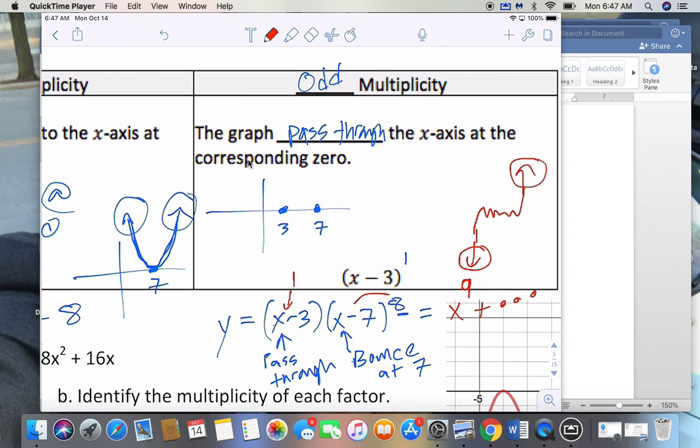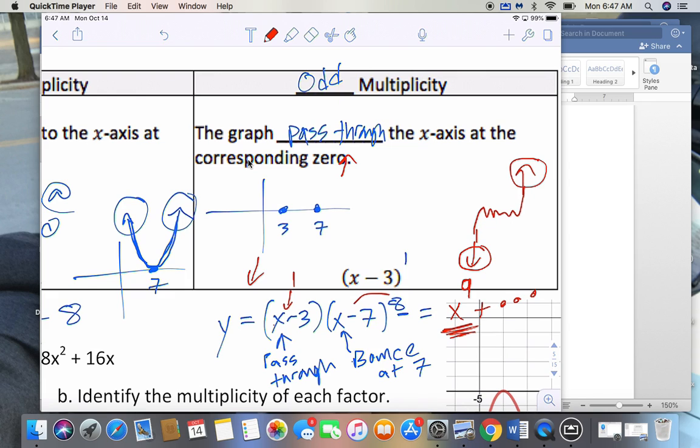So what we see in our graph here is if I say x minus 3 to the first is one of my factors, and I say x minus 7 to the 8th is the other one, so you're seeing that down below. The odd one, the x minus 3 to the first, if I keep my behavior in mind, I know it ends and finishes a certain way around those roots. I'm 100% sure of that because it's a degree 9 polynomial.